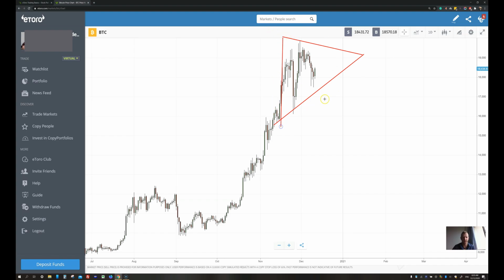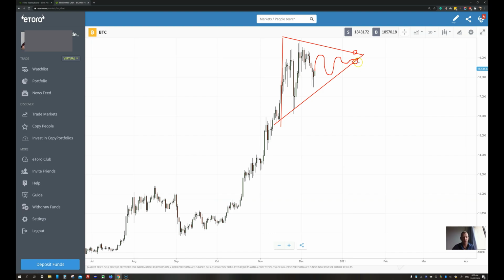If we close it up like this, that means the price is going upward, downward, upward, downward, upward, downward. And that means price is going up and down, less volatile, until it comes either breaking on the upside or the downside.